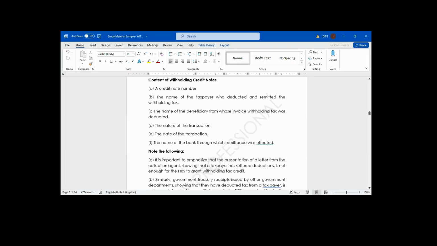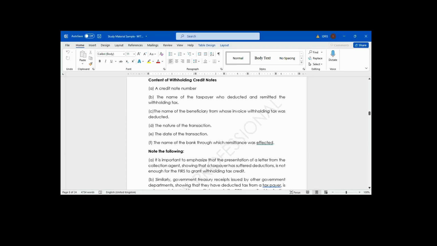Number three, the name of the beneficiary from whose invoice withholding tax was deducted. Another one is the nature of the transaction. We have another one, the date of the transaction.